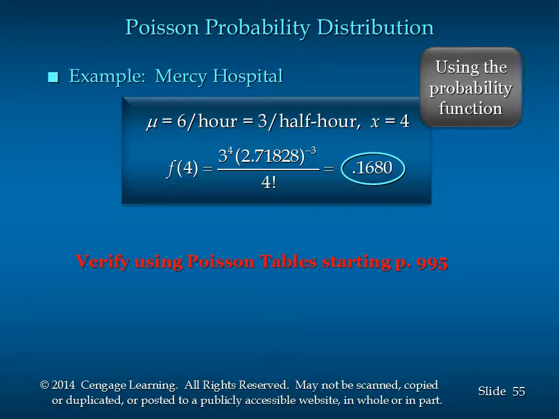In the 995 Poisson tables, we're looking for the probability. The mu in this case was 3, and x was 4. So you look across those tables just like you did before: 3 for mu, half hour, and x equal to 4.